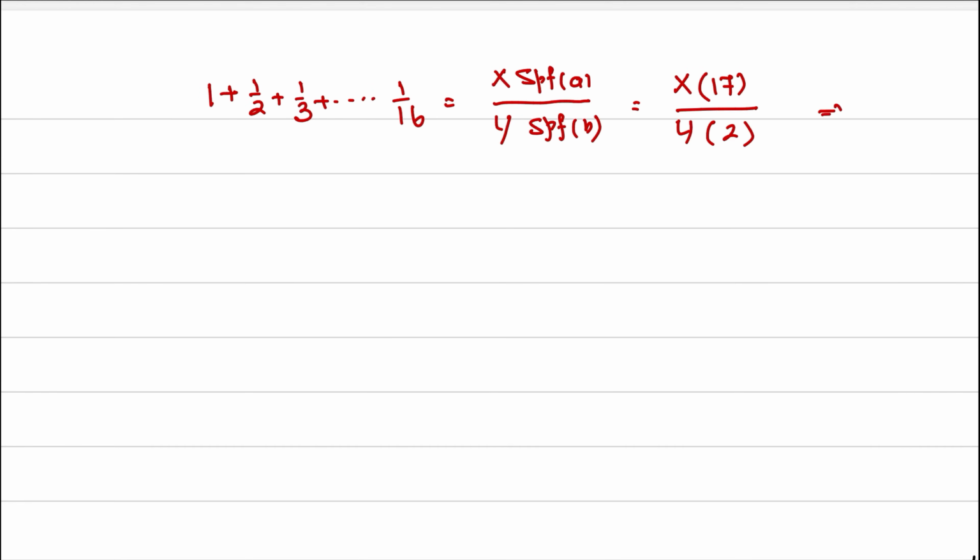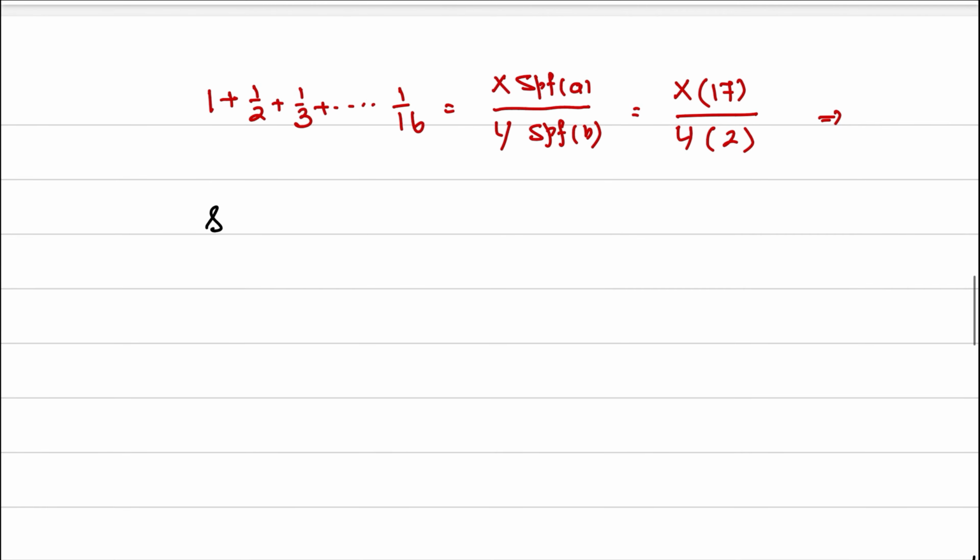That implies smallest prime factor of A plus smallest prime factor of B is equal to 17 plus 2, that is equal to 19. Answer.